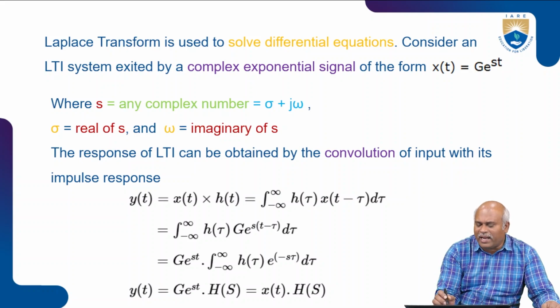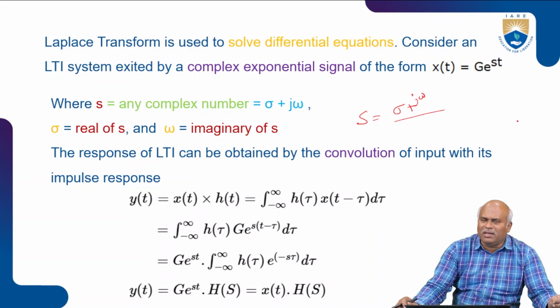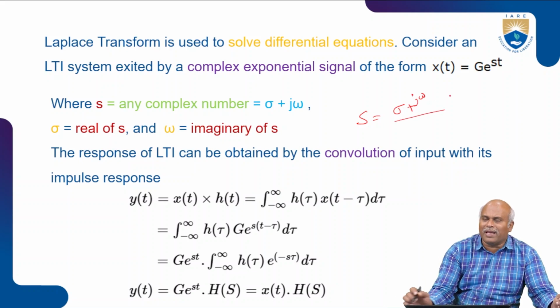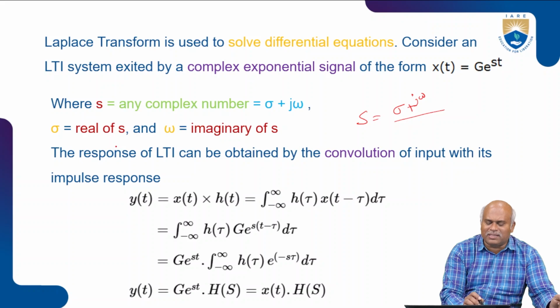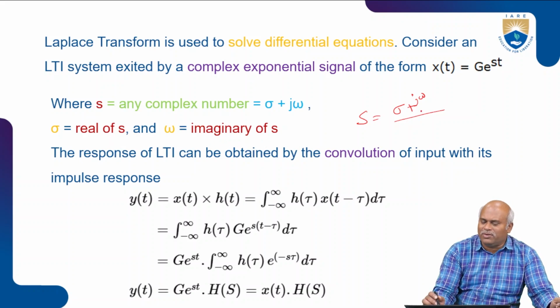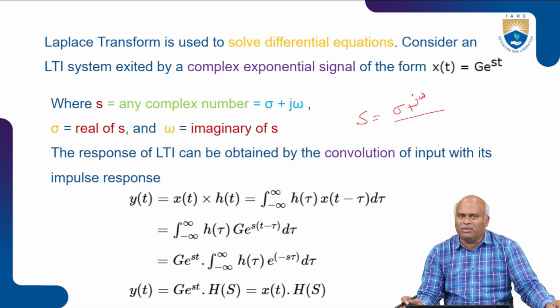Now s is equal to sigma plus j omega. So s consists of a real value sigma and an imaginary value omega. Here sigma is the real part of s and omega is the imaginary part of s.